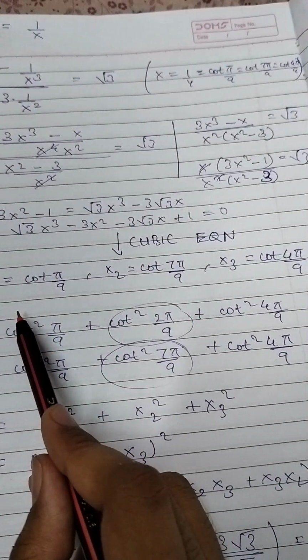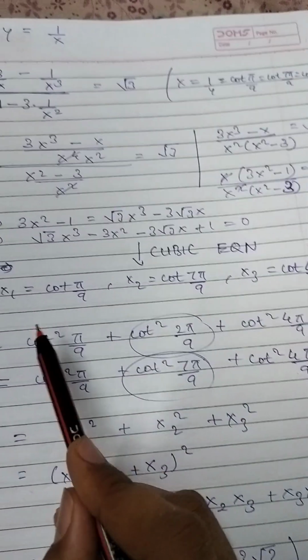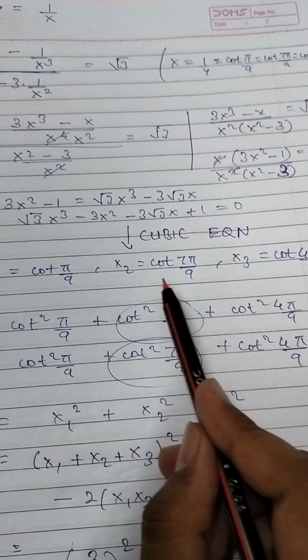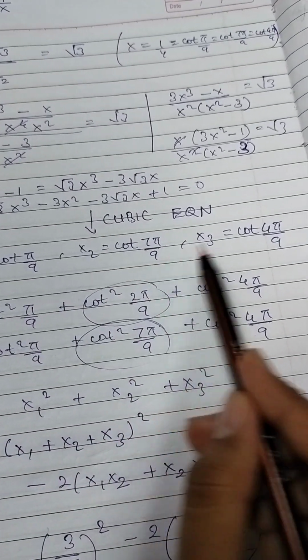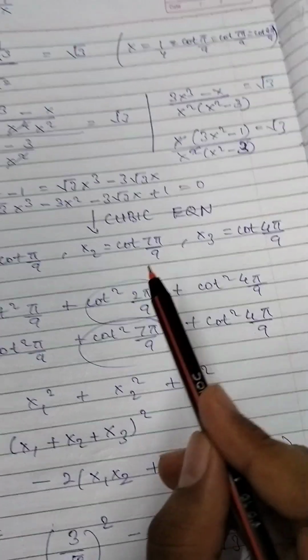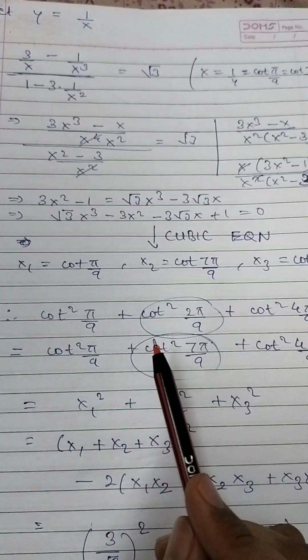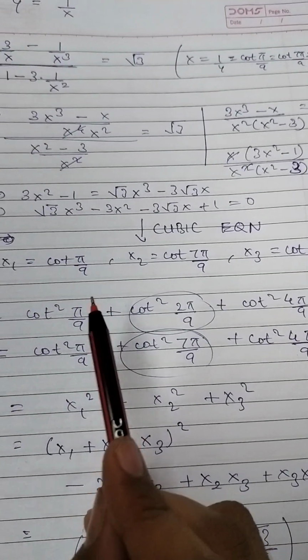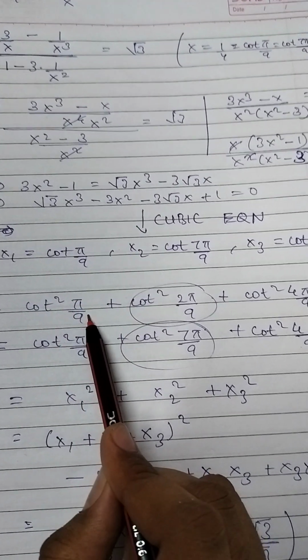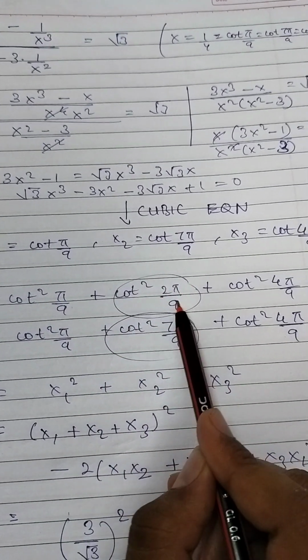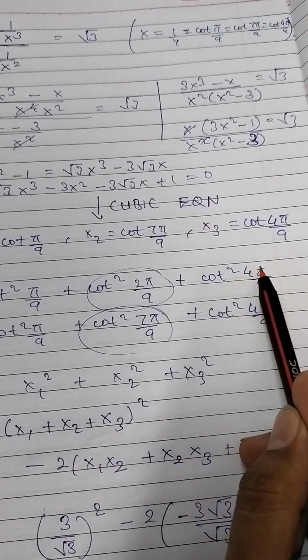So I will write them as x1, x2, x3. x1 is cot pi by 9, x2 is cot 7 pi by 9, x3 is cot 4 pi by 9. Now what was our initial aim? The initial aim was to find cot square pi by 9 plus cot square 2 pi by 9 plus cot square 4 pi by 9.